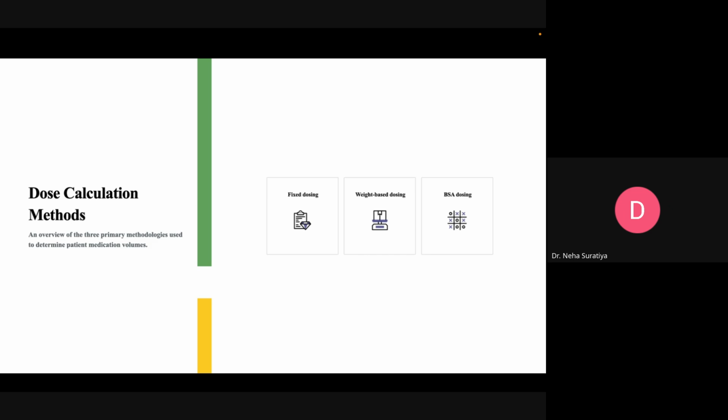Fixed dosing is simple, but of course not appropriate when the situation is critical and the patient is admitted. Weight based and BSA based dosing are more complex, but they provide greater accuracy and greater safety, especially in special populations like children or cancer patients. In this scenario, weight based and BSA dosing is very, very important.